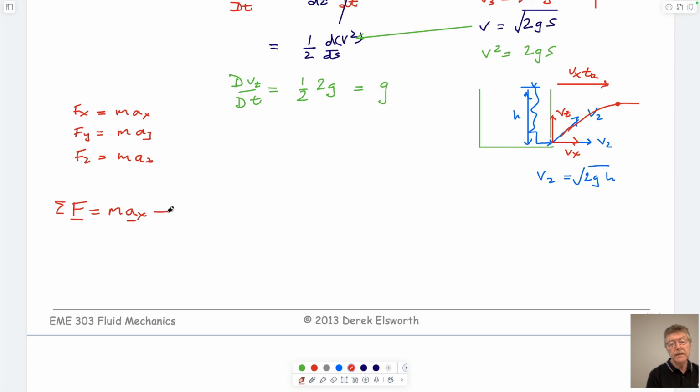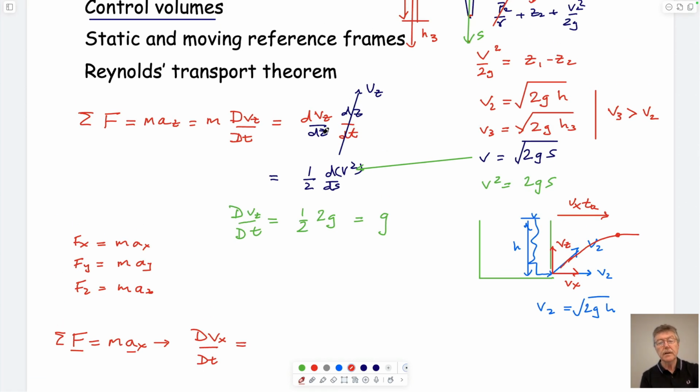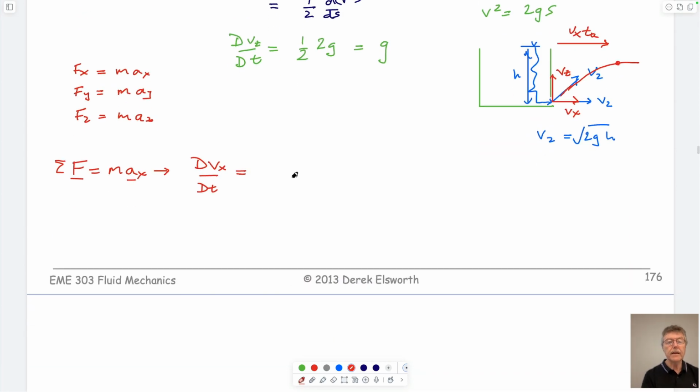And what we would like to do is write this as a substantial derivative, dvx/dt. Looks very complicated, but it's not. What we want to do is split it up in the same way that we did here. So we can write out dvx/dt.